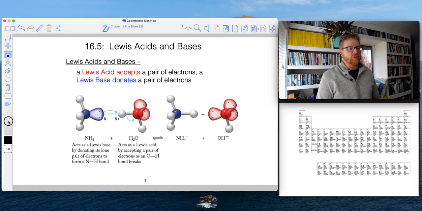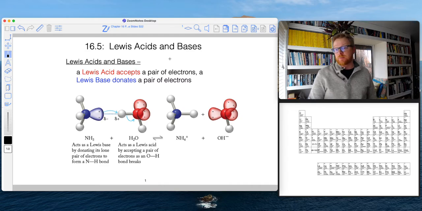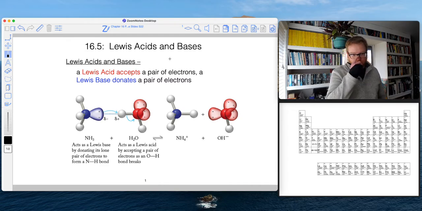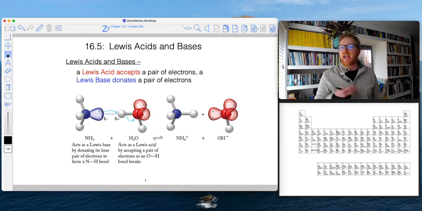So we're going to start by talking about Lewis acids and Lewis bases. This is another way that we can view the exchange of electrons and atoms in chemical reactions. And this is a little bit different than the models we've been talking about before, mostly the Bronsted and the Lowry models, right?